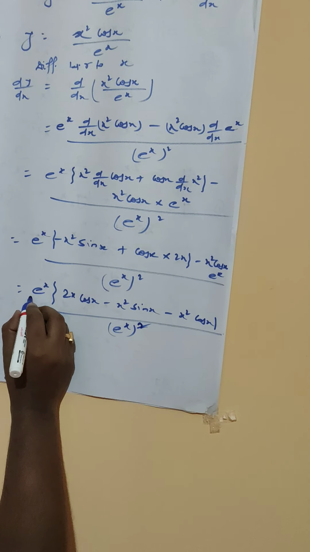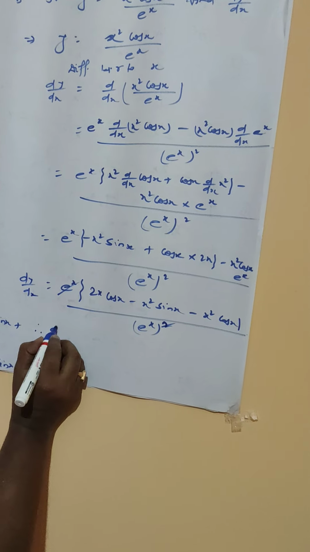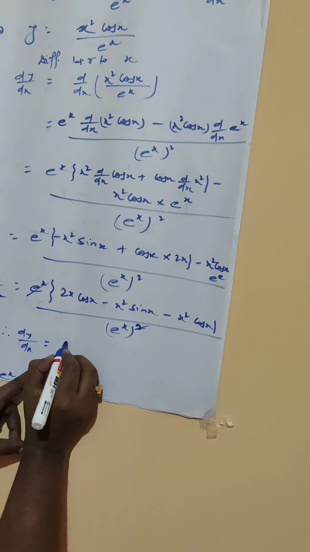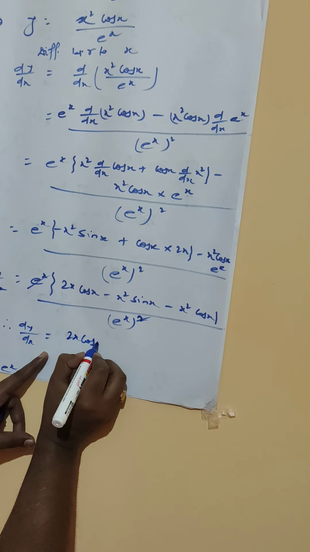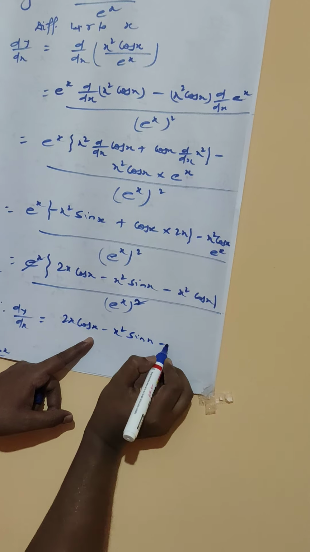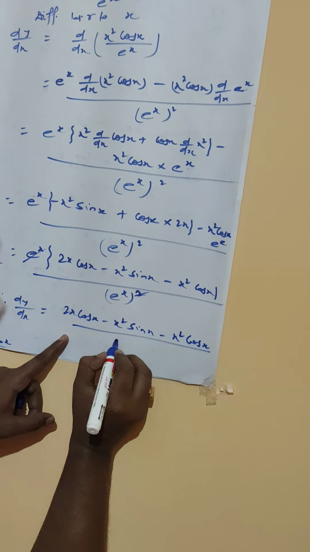Now one term we cancel, therefore dy by dx equals 2x cos x minus x squared sin x minus x squared cos x, whole divided by e raised to x.